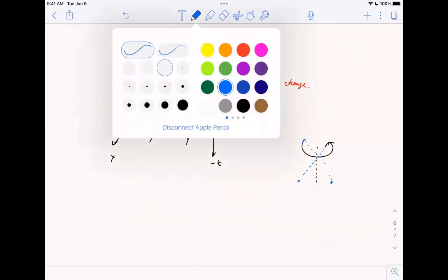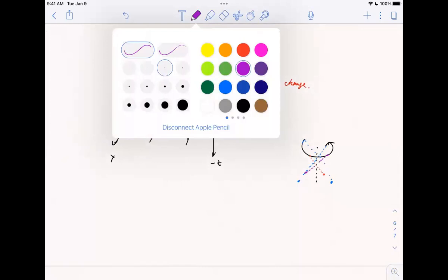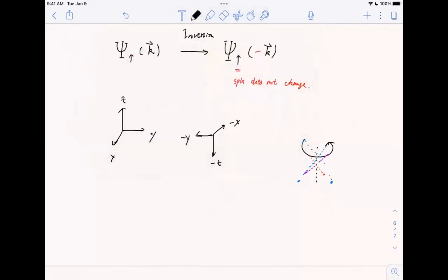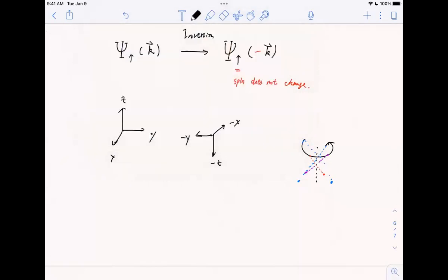Let's say there's a point here, then this point will go to here. Let me just draw the point. So this blue to red to purple to the arrow. You just draw it out.